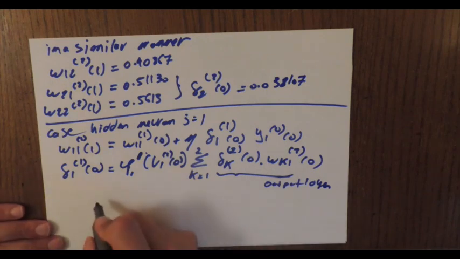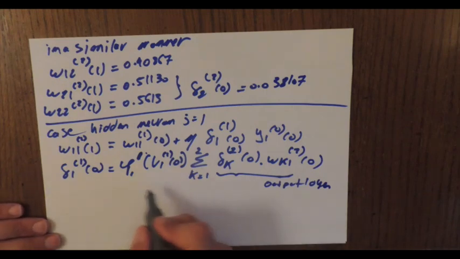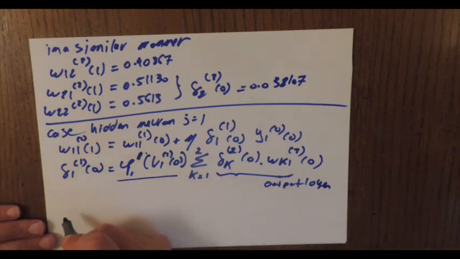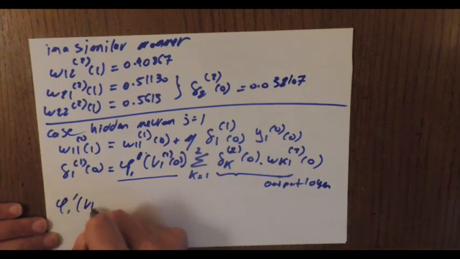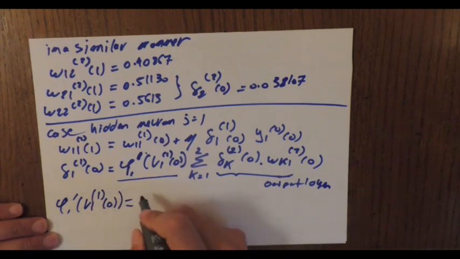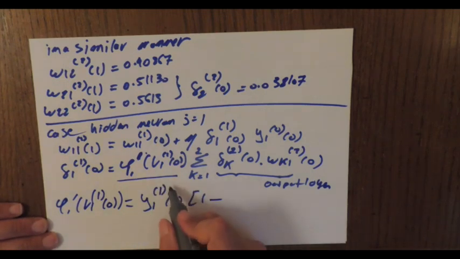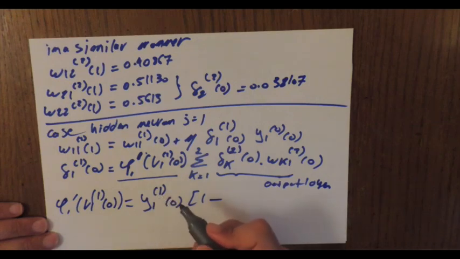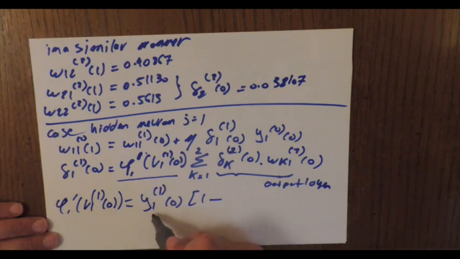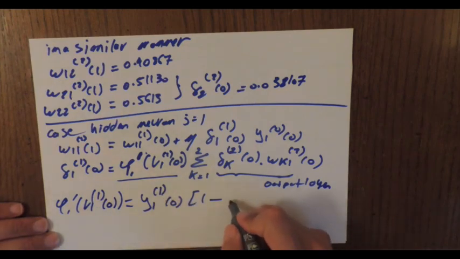So now let's find each parameter by itself. So phi 1 prime of v1 of 1 of 0 is going to be equal to y1 of 1 times 1 minus y1 of 1 of 0, since previously we used the output, since y1 of 2 was actually the output. Since now the output for the hidden layer is y1 of 1, we use y1 of 1.